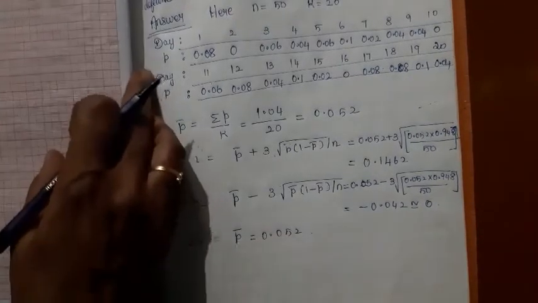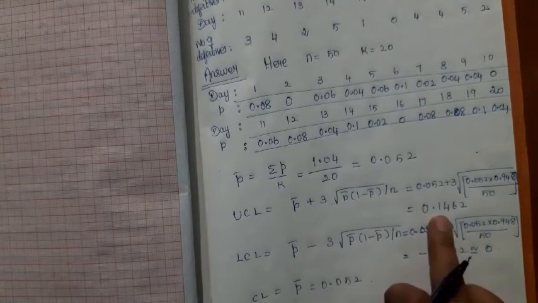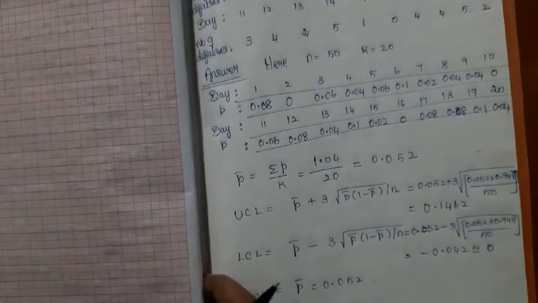So with these values, I am going to draw a graph. The least value is 0, the highest value is 0.1462, and 0.1 is the highest value in the data.